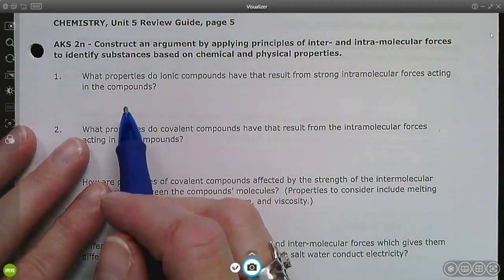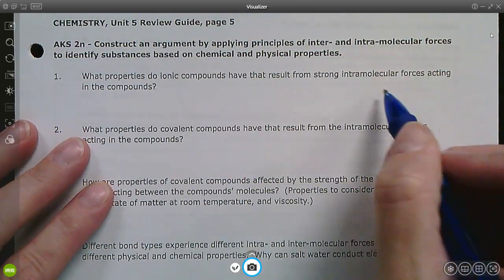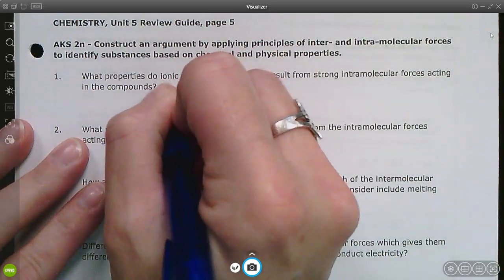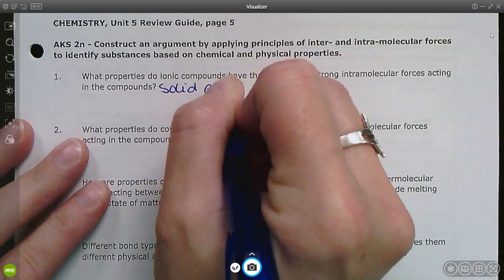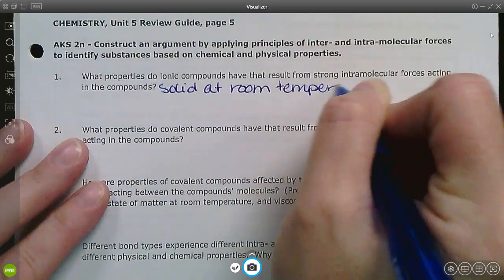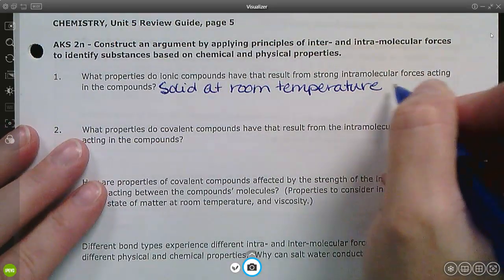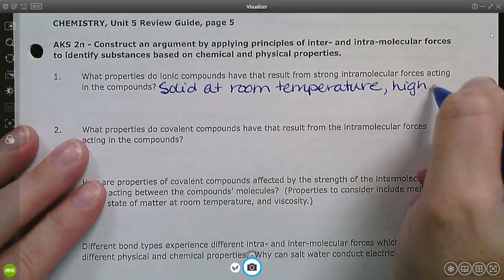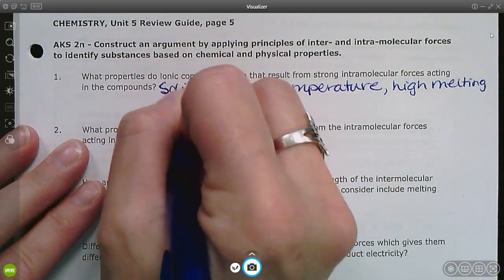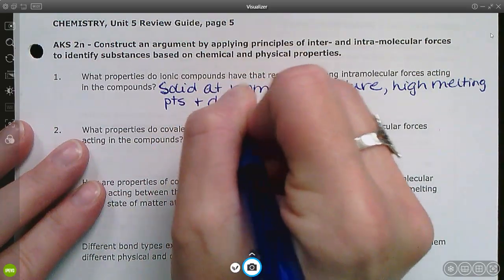So our first question asks us, what properties do ionic compounds have that result from strong intramolecular forces acting in the compounds? Well, they are solid at room temperature. They have high melting points and dissolve in water.